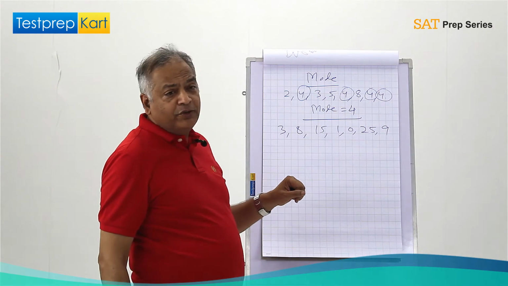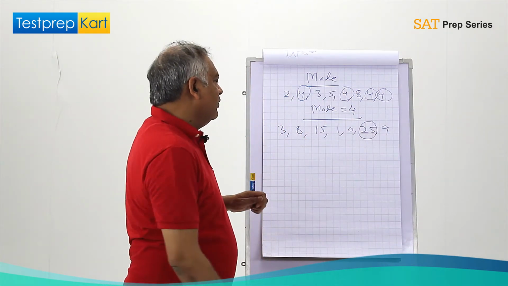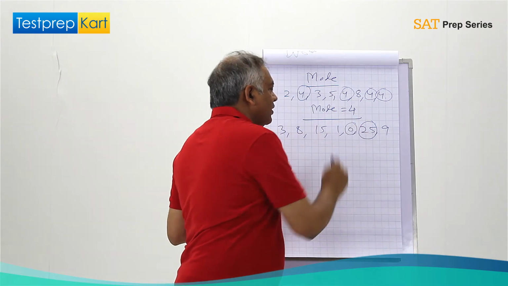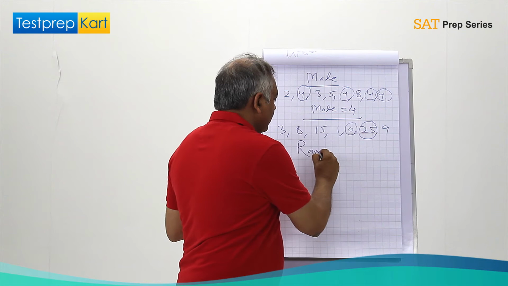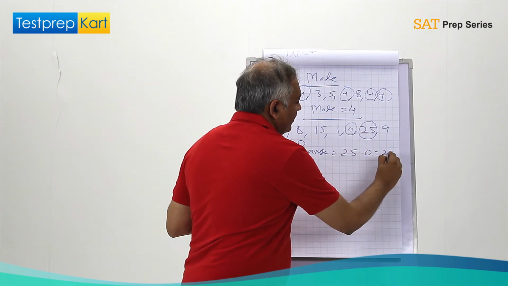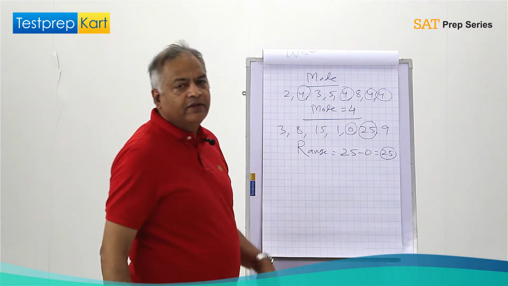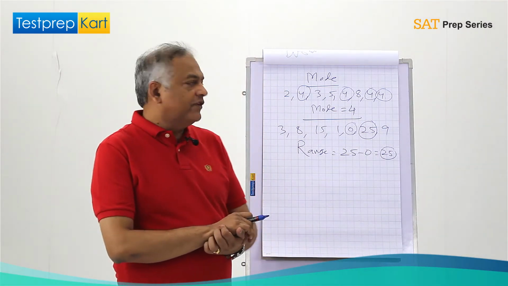What is the highest value? The highest value is 25. What is the lowest value? The lowest value is 0. So the range will be equal to 25 minus 0, that will be 25. So that's the range of this data.